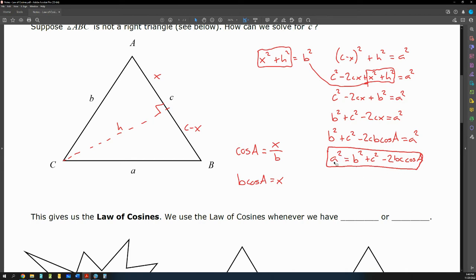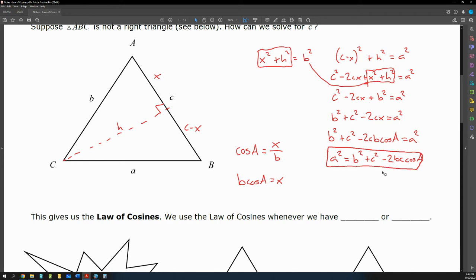So this little a, side length A, is across from angle A. Or in other words, the side length that you're solving for, or the side length squared by itself, is always going to be on the other side of the equation as whatever angle you're taking the cosine of. And likewise, those two adjacent side lengths, B and C in this case, are also going to be together here, on the same side of the equation.